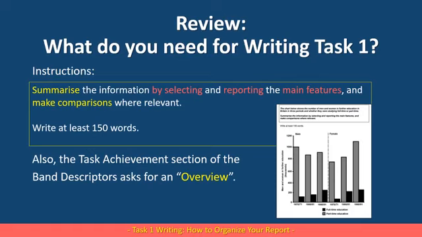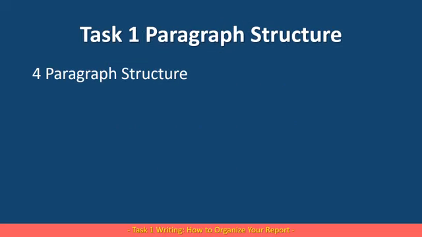And so we want to make sure that when we do Task 1 writing, we give a good overview and it's very clear. All right, so this is what we need for writing Task 1. Summarizing by selecting and reporting the main features and comparisons, and finally an overview.